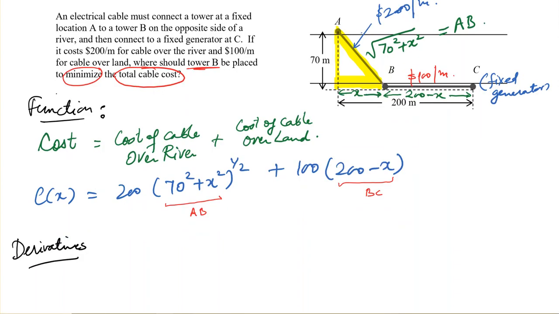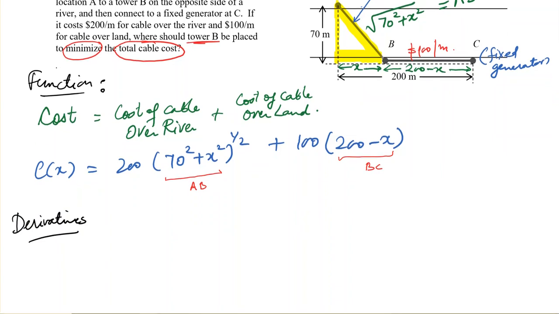So now our function is already in terms of one variable, which is x. Next we're going to take the derivative so that we can find the critical values and then the point of maxima or minima.